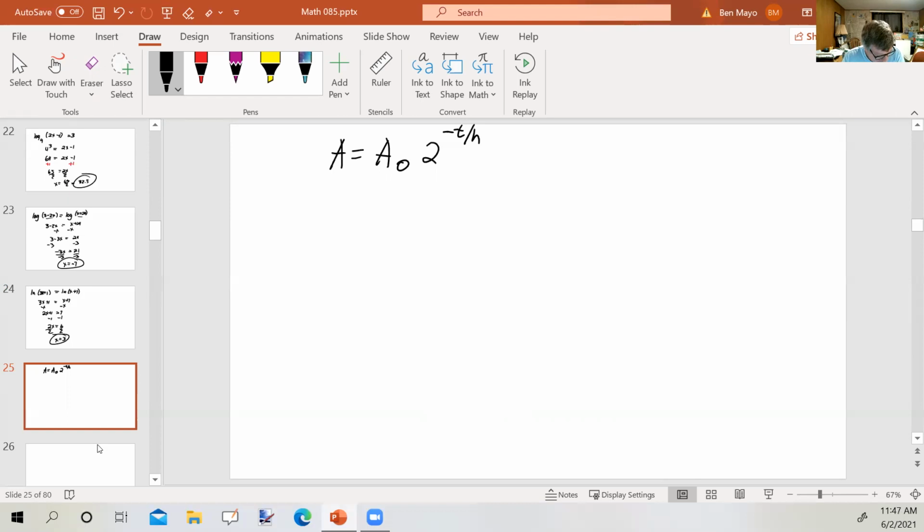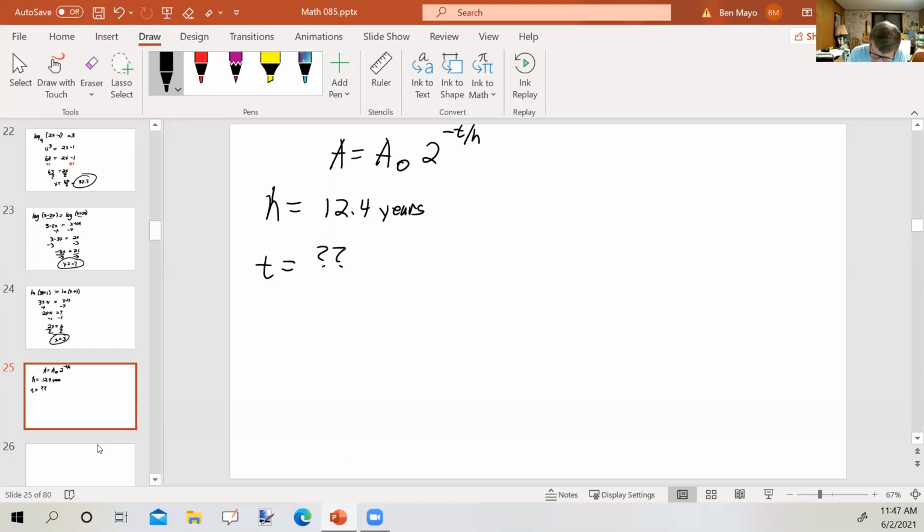All right, it says tritium, I'm not sure how you pronounce it, but it says the half-life of tritium is 12.4 years. So the half-life is 12.4 years. How long will it take? So time is the unknown. For 25% of a sample of tritium to decompose.